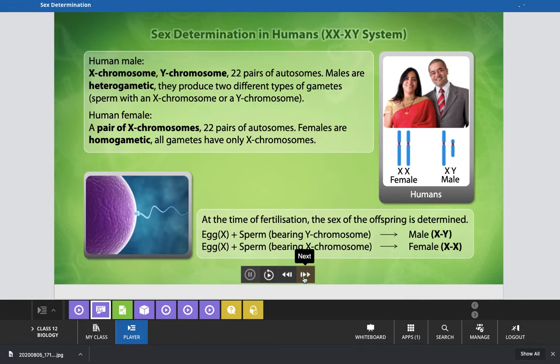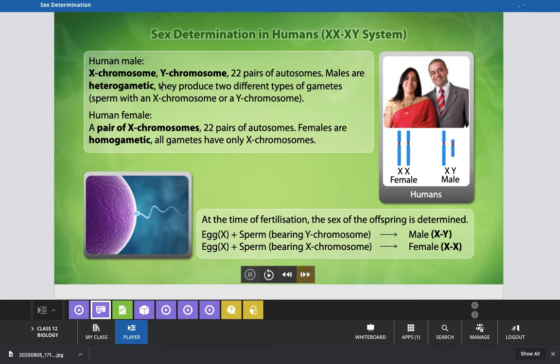Now, with the help of this slide, you can understand and note down the important points related to sex determination in humans, which is the XX or XY system. According to this system, human males have an X chromosome and a Y chromosome with 22 pairs of autosomes.